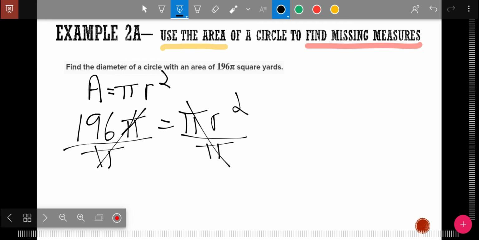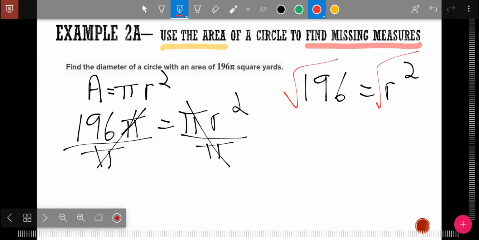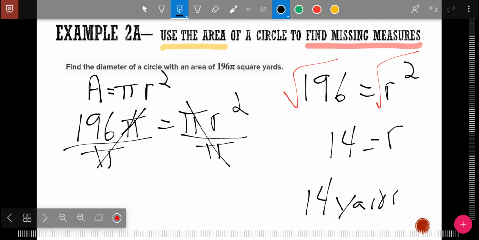So I get 196 equals r squared, which means I need to square root. And so the square root of 196 is 14. And so 14 yards is my answer.